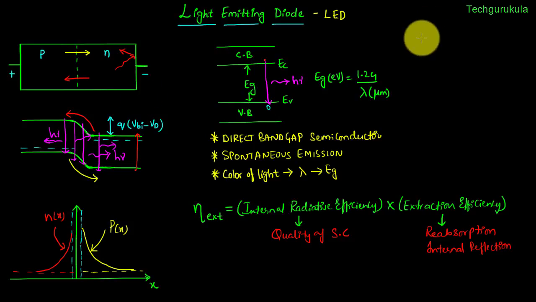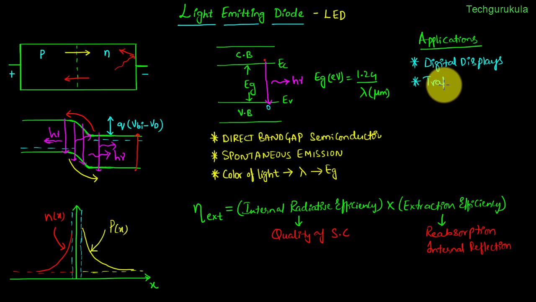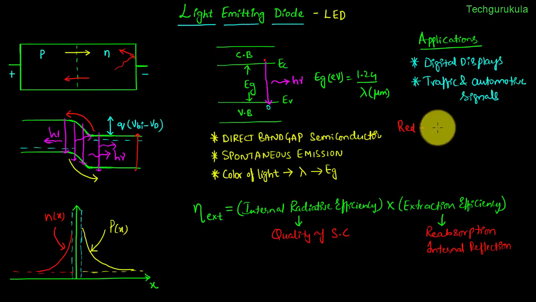Now coming to applications, LEDs are used in digital displays and traffic and automotive signals. For red light emitting LEDs, gallium arsenide phosphide is used as the semiconductor, for green LEDs, gallium phosphide is used, and for blue LEDs, indium gallium nitride is used.